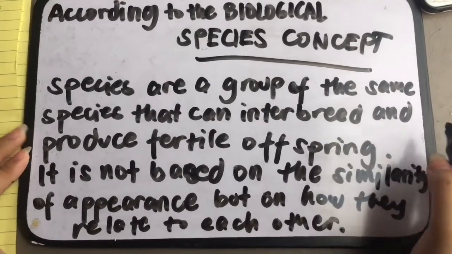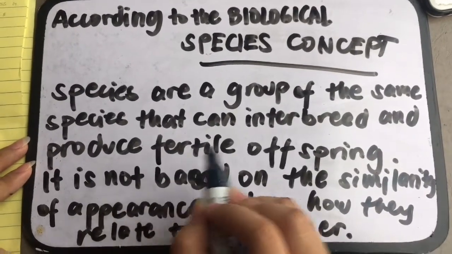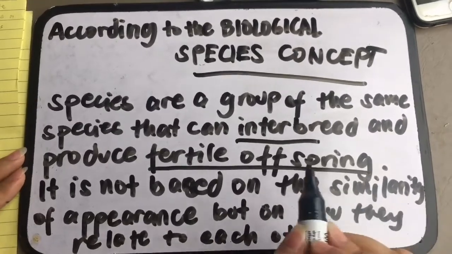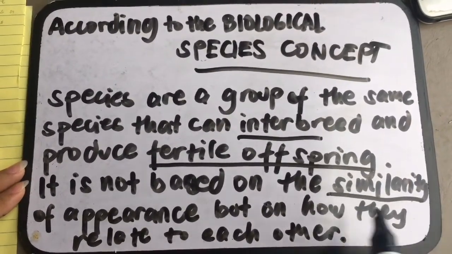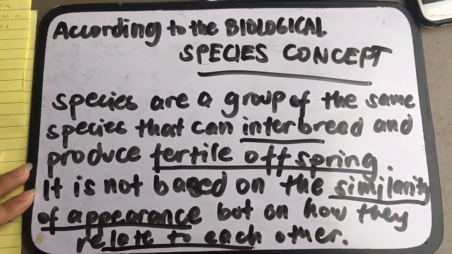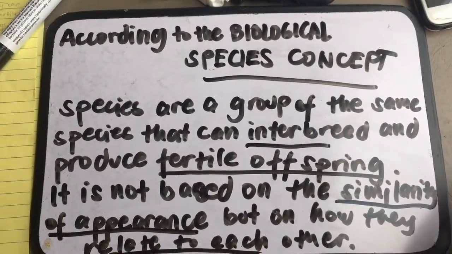So, species are a group of the same species that can interbreed and produce fertile offspring, but it is not based on the similarity of appearance, but on how they relate to each other. So that is the definition of the biological species concept.